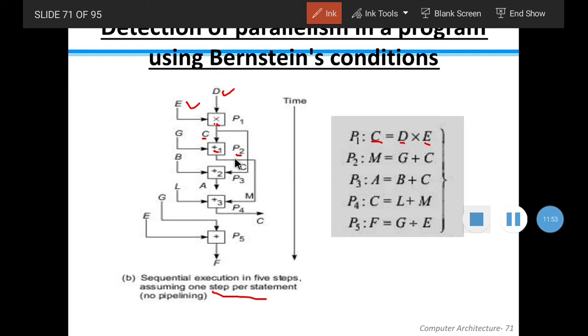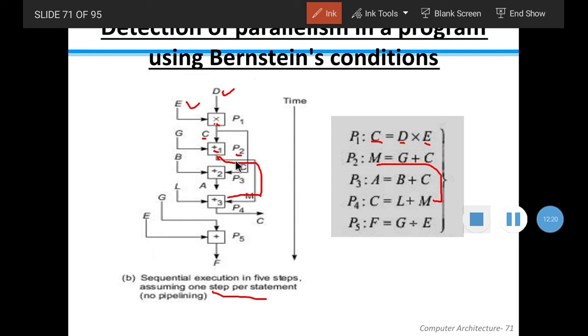Output is M, and this is given to P4. M is used in P4, so from P2 it is coming to P4.